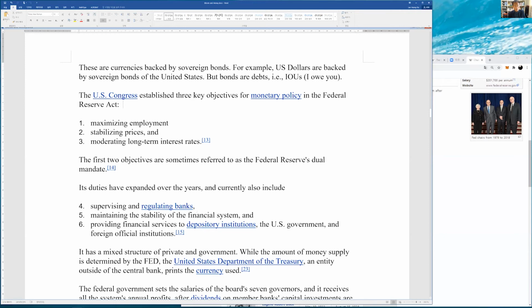You will understand why when I cover the financial crisis of 2008, so you will understand why the Fed needs to supervise and regulate banks and maintain the stability of the financial system.